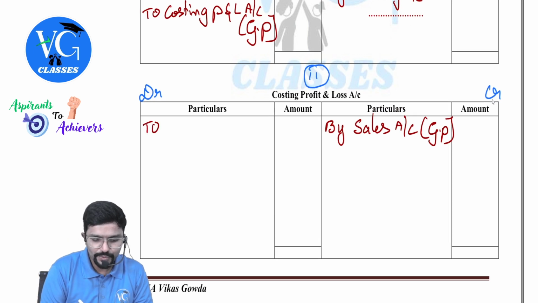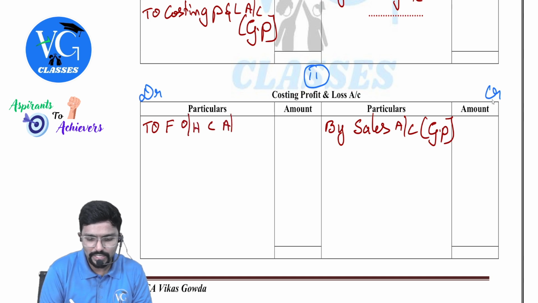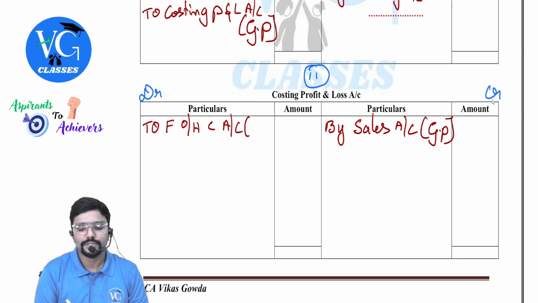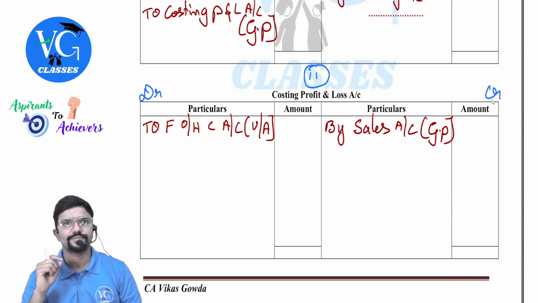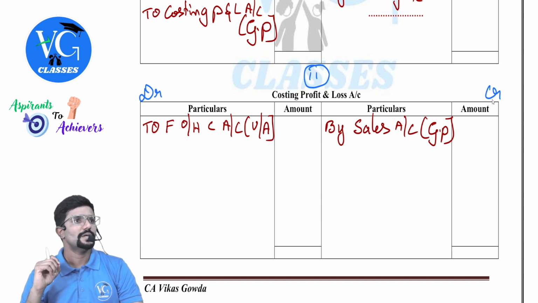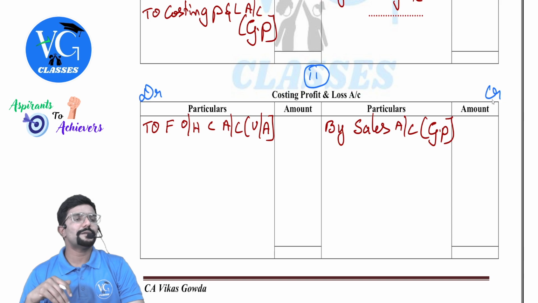Write it here, factory overhead control account, under absorption, guys.